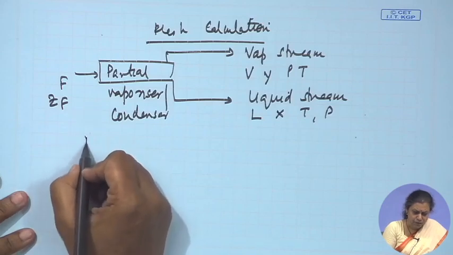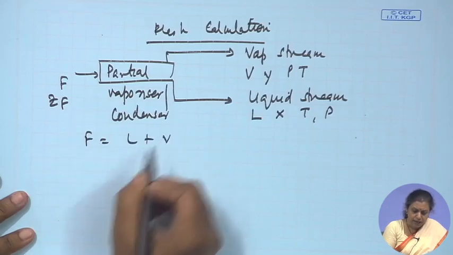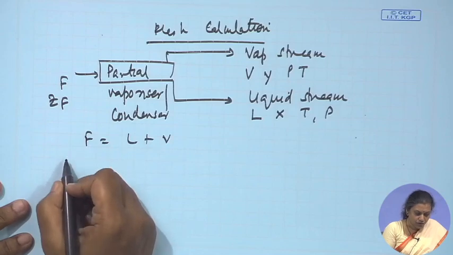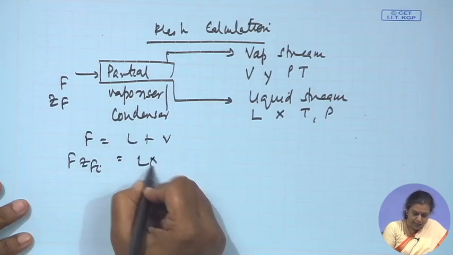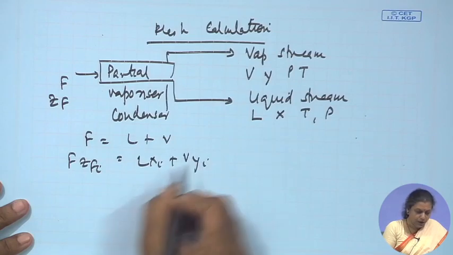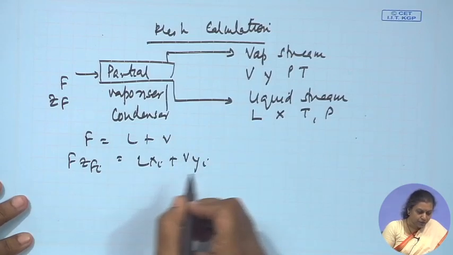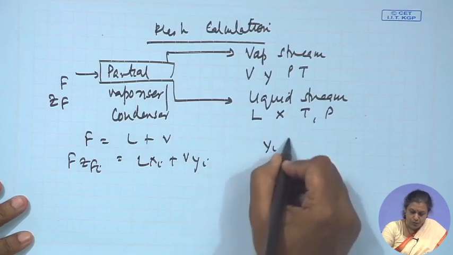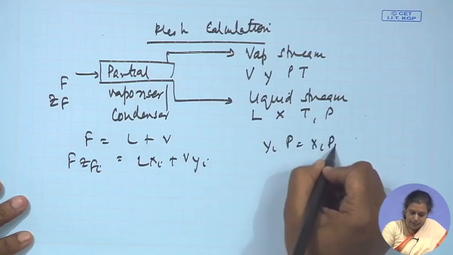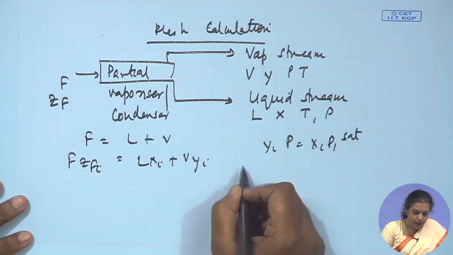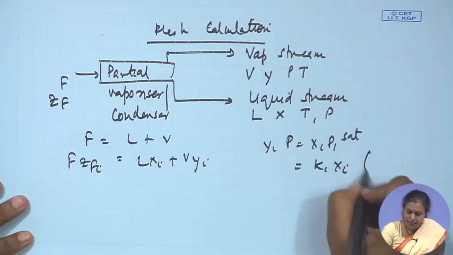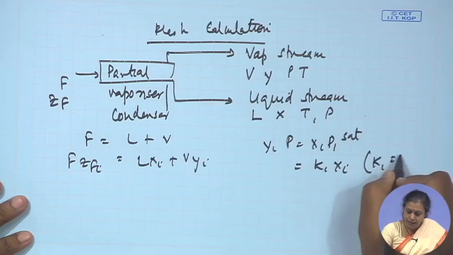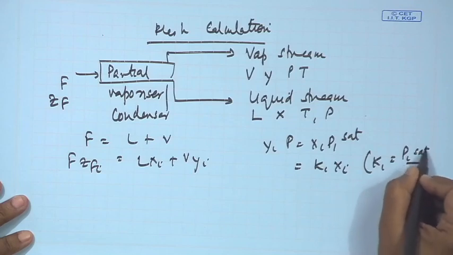For this case, from the overall material balance I know this, and I also know from the component material balance that ZFi equals L Xi plus V Yi, right. Now with this we also know the equation Yi P equals Xi Pi saturated, or in other words this can be written as Ki Xi, where Ki is nothing but Pi saturated by P, right.